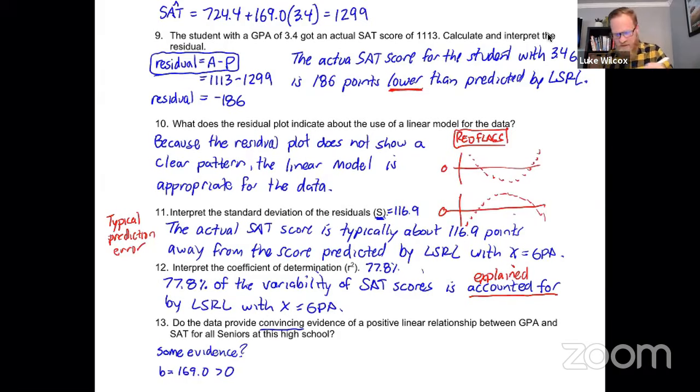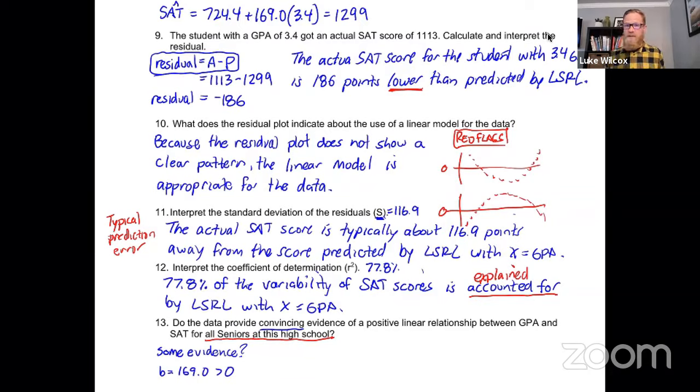But the question is not asking about the sample of 10, it's asking about all seniors at this high school. So this is where we would have to make an inference about the population from our sample. And we have to remember that every time you take a random sample, you're going to get different results. So if I were to select a different random sample of 10 seniors, I wouldn't get the same scatter plot.